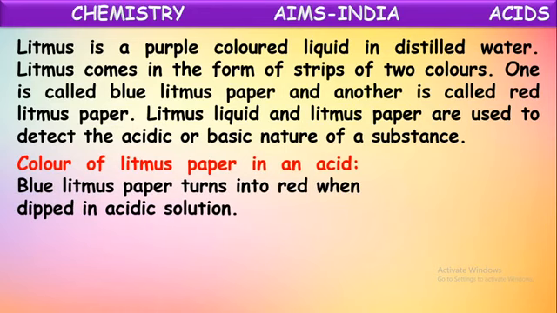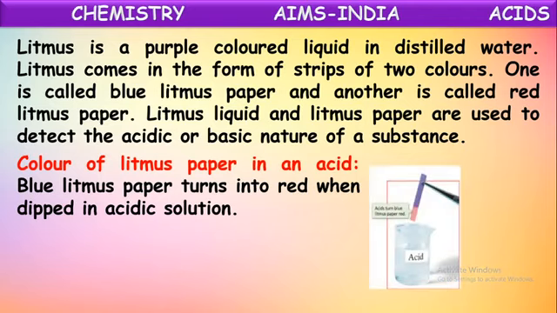So the color of litmus paper in acidic solutions. Yes, when we dip a blue litmus paper into an acidic solution, it turns into red color. Blue litmus paper turns red when dipped in acidic solution. See, they have taken a blue litmus paper, they dipped it in the acid solution, then it turns red.